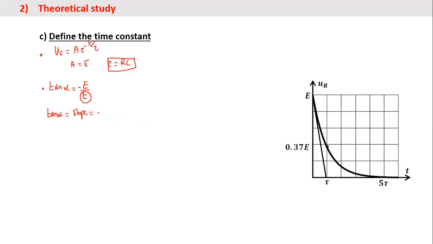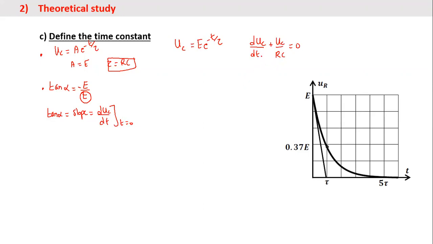So the slope here will be equal to duc over dt, but this is at t equals 0. We know that the solution of this equation was of the form uc equals E e to the power minus t over tau, and that the differential equation was of the form duc by dt plus uc over RC equals 0.